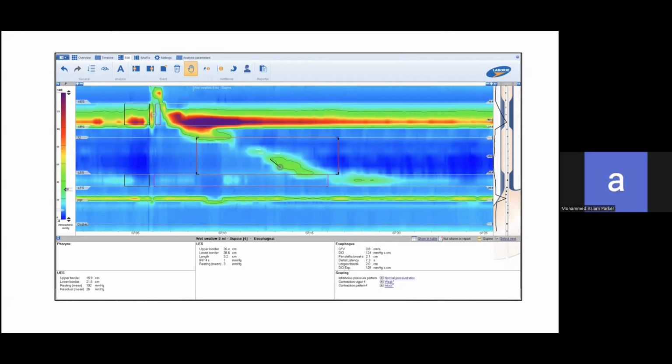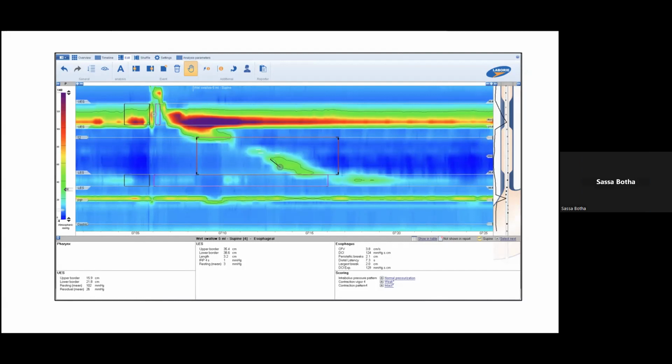And 124, what would that make it? That would make it abnormal. It's supposed to be less than 100. No. If it's between 100 and 450, then it's called ineffective esophageal motility.